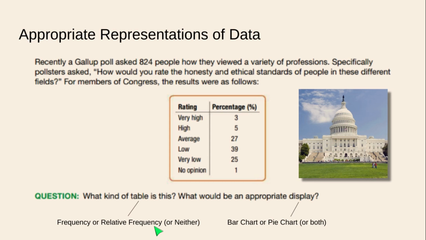Which of these, the bar chart or the pie chart, would be appropriate for the data? All right. Part to whole analysis, these are non-overlapping categories. You can't choose both very high and average and low all at the same time. These groups are distinct. These percentages add up to 100%.